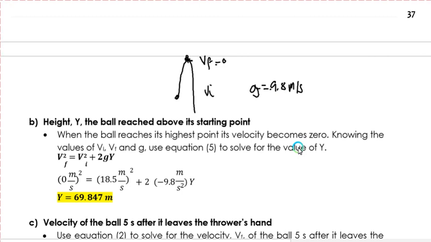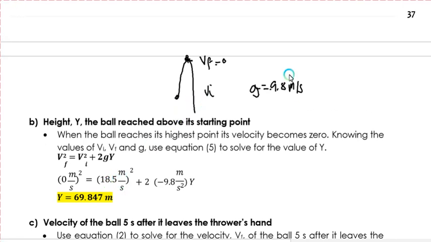So to solve for the value of y, since what we are looking for is the value of y, we have vf squared is equal to vi squared plus 2gy. So take note, our vf will be equal to 0. Our vi squared is equal to 18.5 meters per second squared.